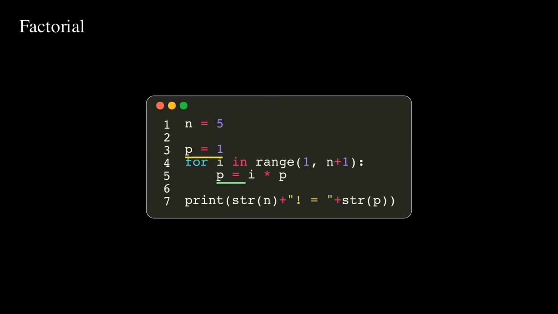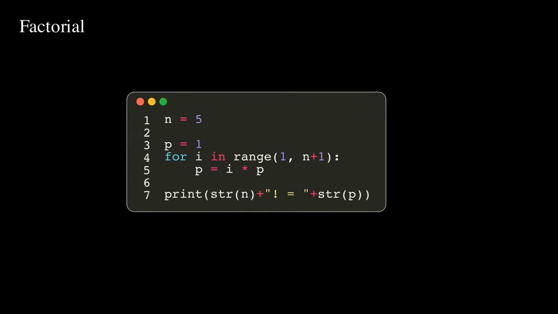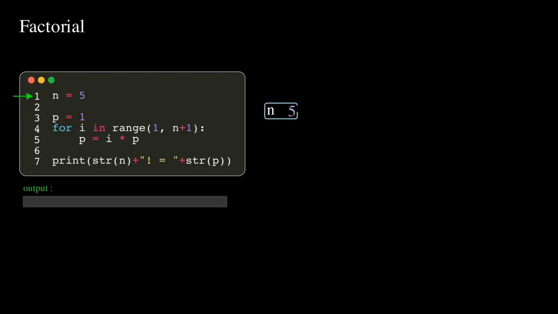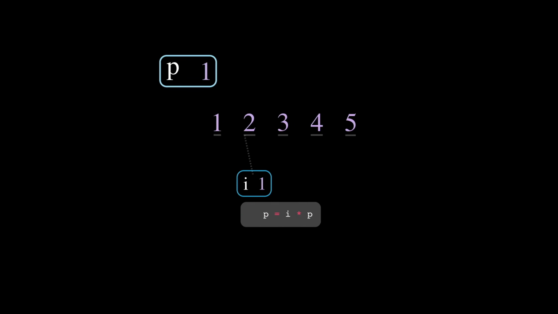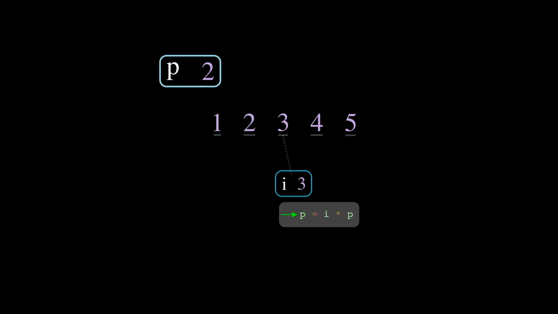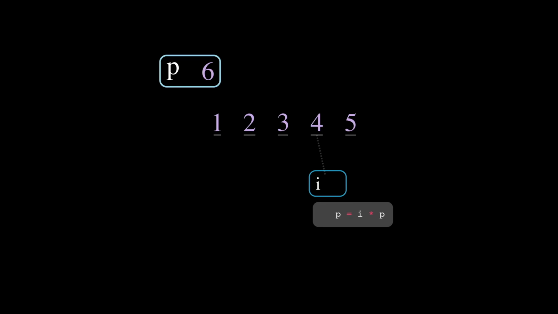When the loop is running, we iteratively multiply the variable i into p. The variable p basically serves as a collector, storing the product of all the natural numbers it had seen as the loop marches forward.